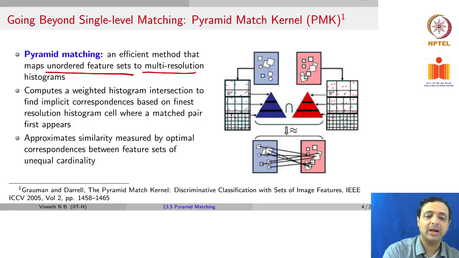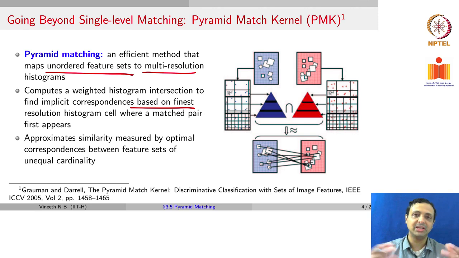So we ideally can start with the finest resolution histogram cell where a matched pair first appears, and then we keep merging histograms as we go up the pyramid.